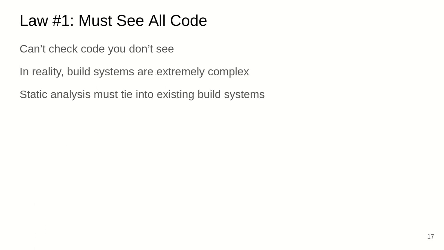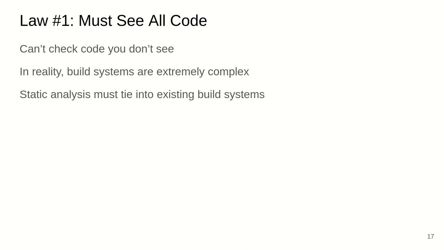Law number 1, you must see all code. So if you're developing a new static analysis, it turns out that you cannot check code that you don't see. And developing static analysis, while a great academic example, is actually a fairly hard task to get it used inside a company by developers. Build systems are extremely and incredibly complex.